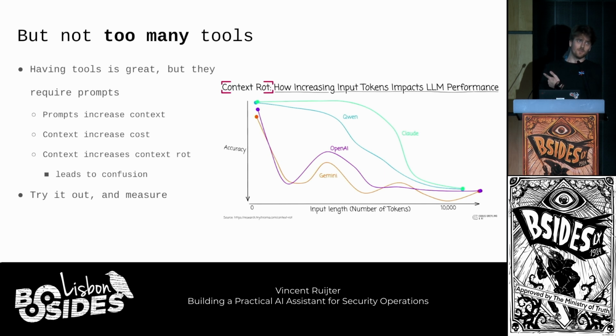But of course, with tools come prompts, right? And with prompts, the context window increases. And what researchers have found is that the more tools you add, the more context you add, the more prompts, and then, of course, what happens if the context size becomes too big? The performance of the LLM model declines. So if you're using MCP servers, for instance, they come with lots of tools, and they also have lots of documentation for your tools.